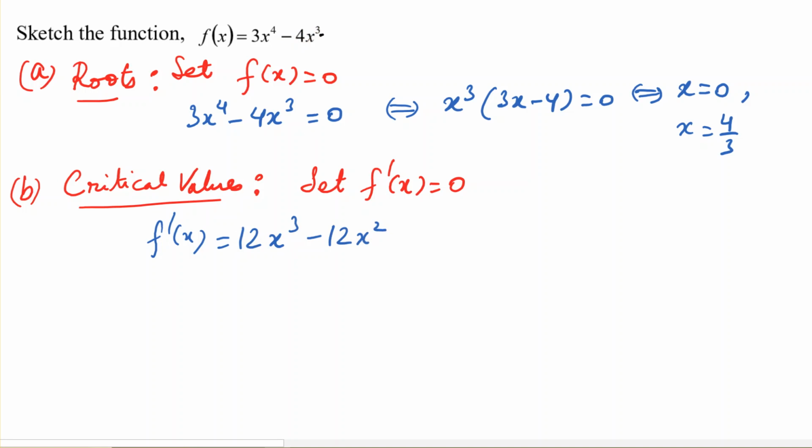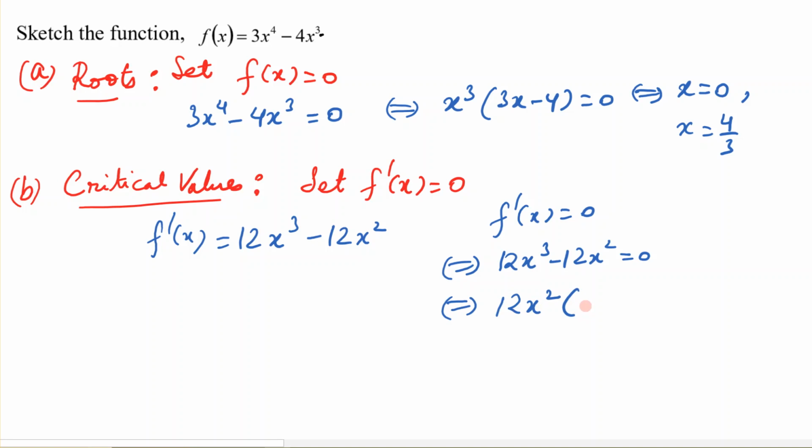Let's set this equal to 0. So 12x^3 - 12x^2 = 0, which in turn implies 12x^2 is a common factor, and inside we are left with x - 1. So either x is 0 or x is 1. These are our critical values.